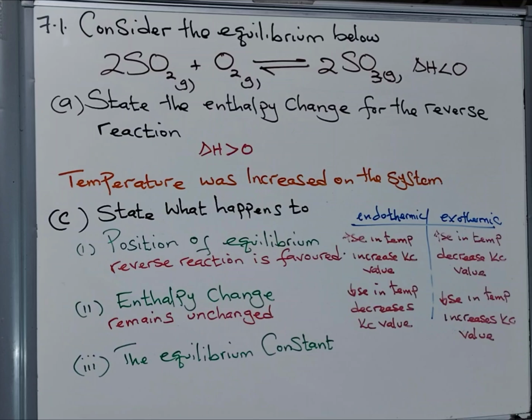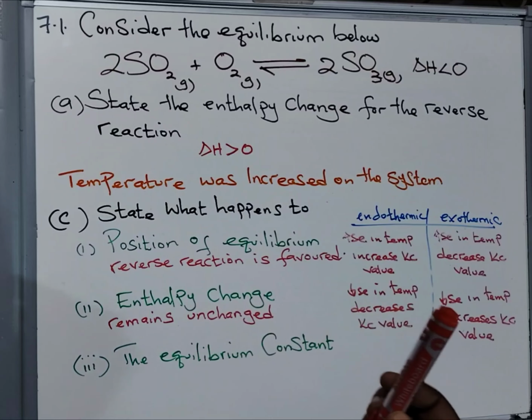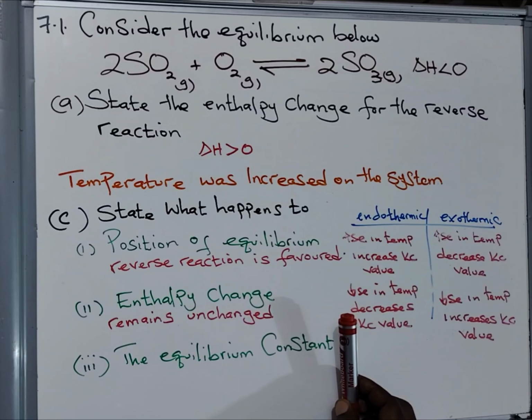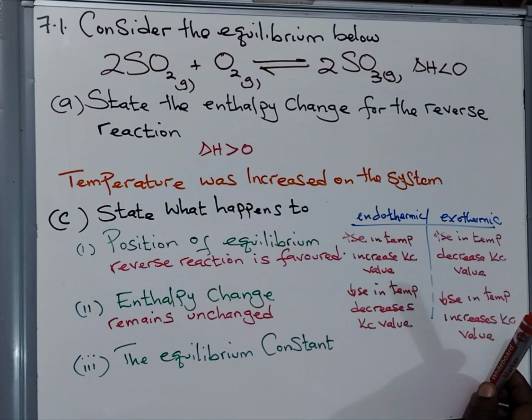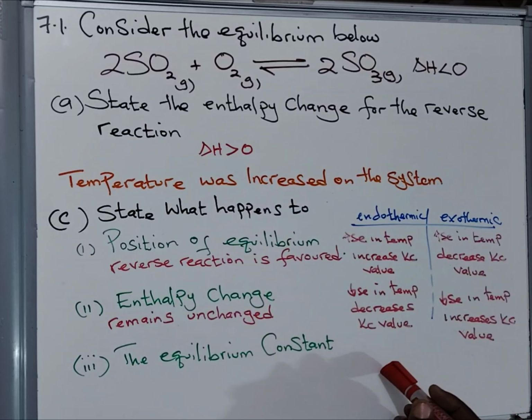This is very important for you. It's very easy to understand without cramming. Endothermic follows the temperature. Kc follows the temperature. You increase temperature, you increase Kc. You decrease temperature, you decrease Kc. For exothermic, it goes in opposite direction. You increase temperature, Kc decreases. You decrease temperature, Kc increases.